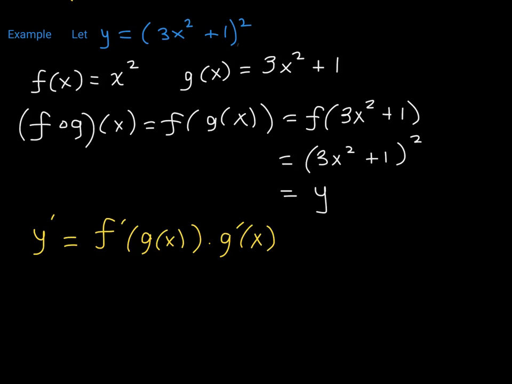The f prime right here represents the derivative of our outer function. The derivative of the outer function is 2x. Okay, so it's 2 times, now be careful here, the derivative of your outer function evaluated at your inner function. So it's 2 times, instead of it being x, it's 2 times 3x squared plus 1.